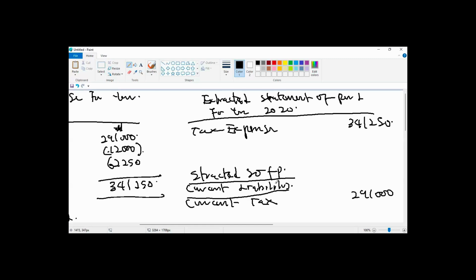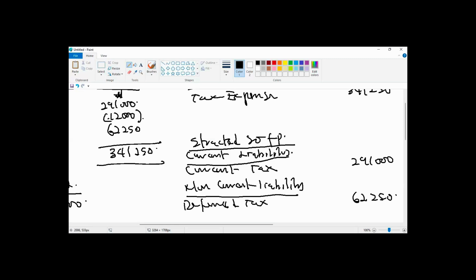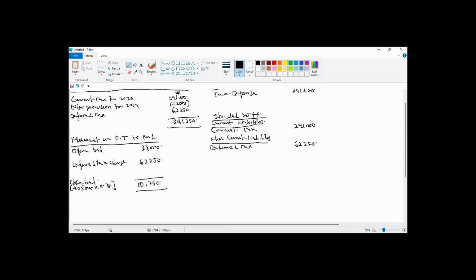The non-current liability, we have our deferred tax. What is the deferred tax at the end? 62,250. That's all. This is how it should be presented in the statement of financial position.